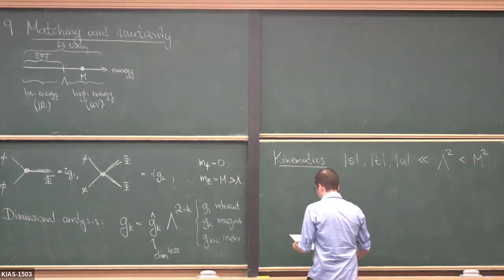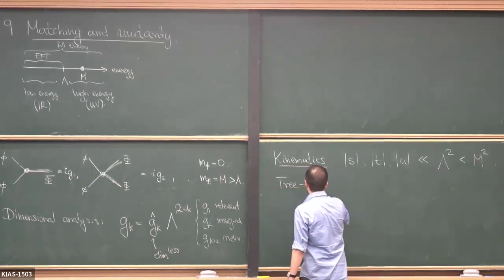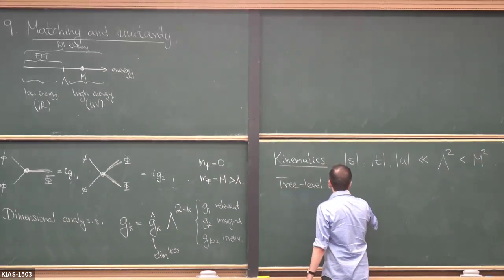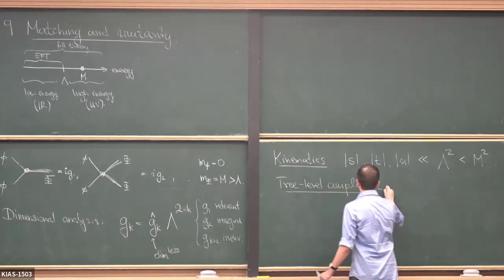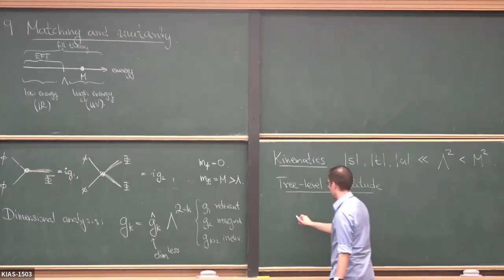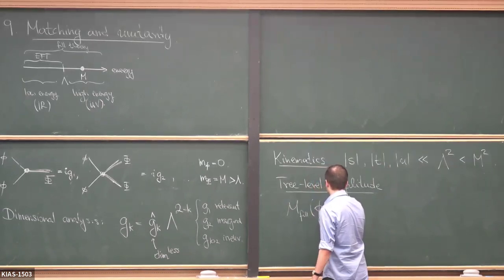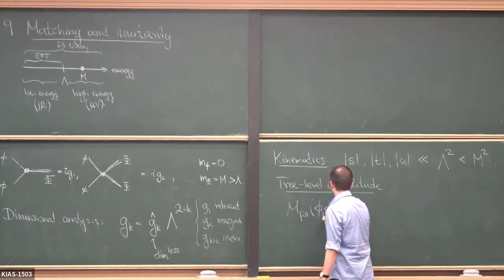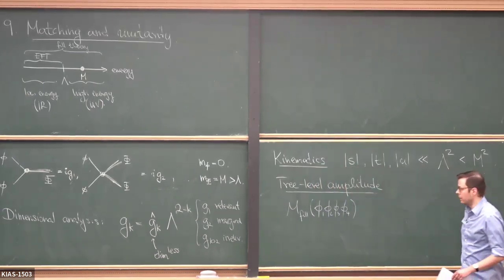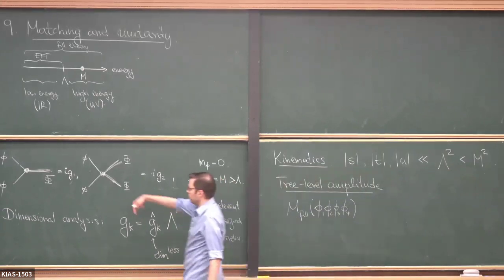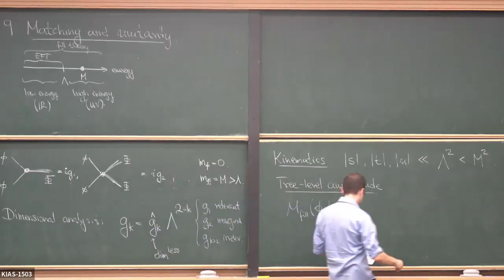Okay, so now what I can do is write the tree-level amplitude for the full theory, so let me call it M full of phi phi phi phi. And this is very easy. I only have 3 diagrams in which I have the exchange of the heavy field in the S, T, and the U channels.